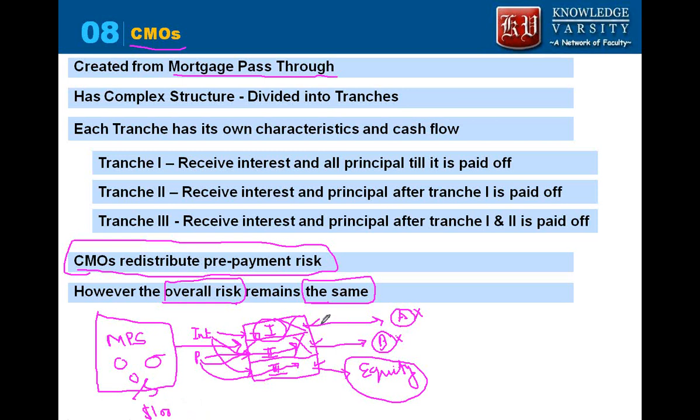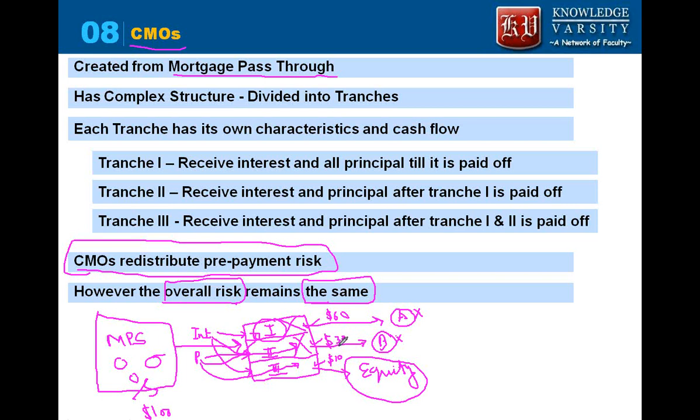Tranche 1 will have $60 million, tranche B will have $30 million, and tranche 3 will have $10 million. If there is a loss of $30 million, tranche A will get its 60 million back and tranche B will get only 10 million. So $30 million will be lost: 10 million is a loss of this and 20 million is a loss of this.